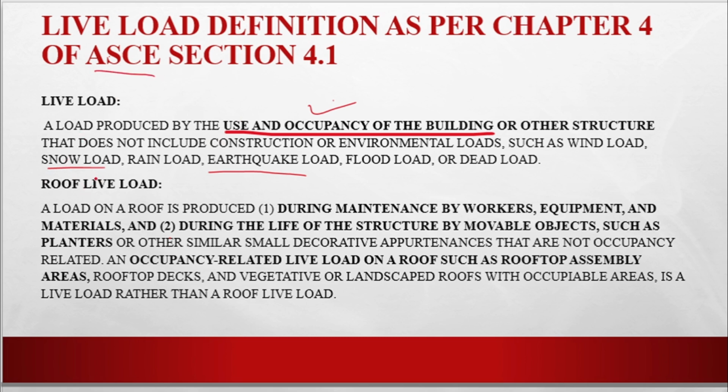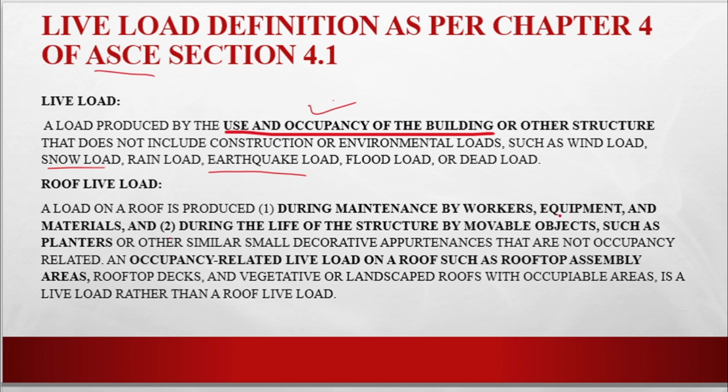The code also defines the roof live load. That is a load on the roof produced during maintenance by workers; people will go and do maintenance of the structure, like repair work. So you will consider a minimum live load for that purpose.